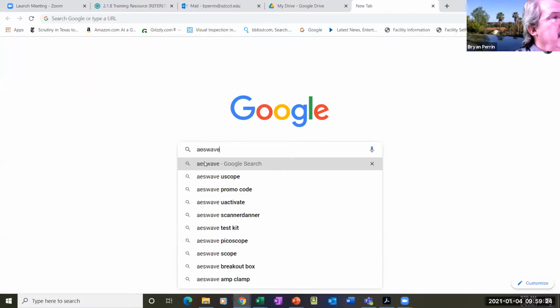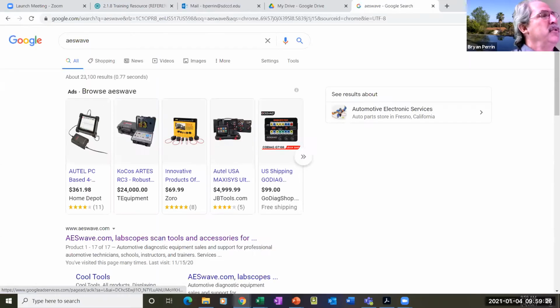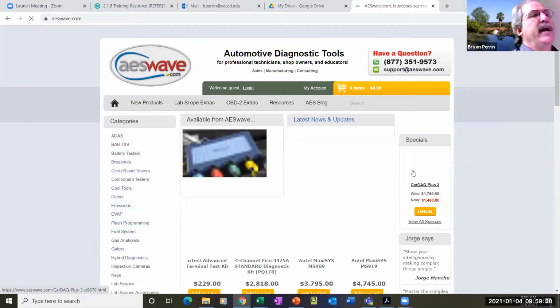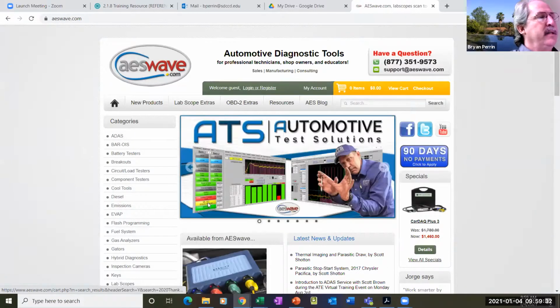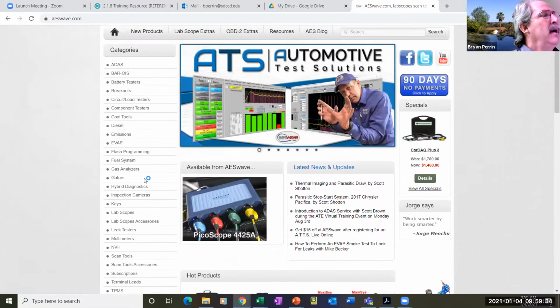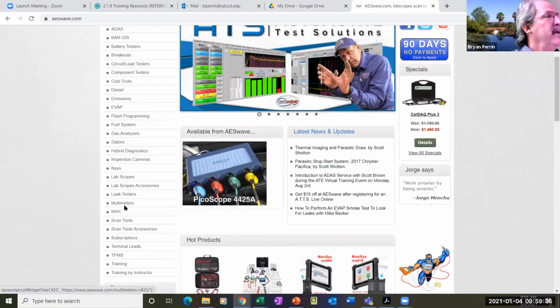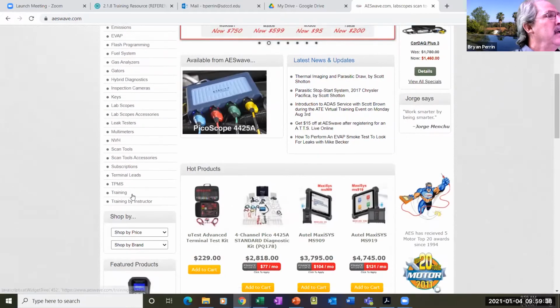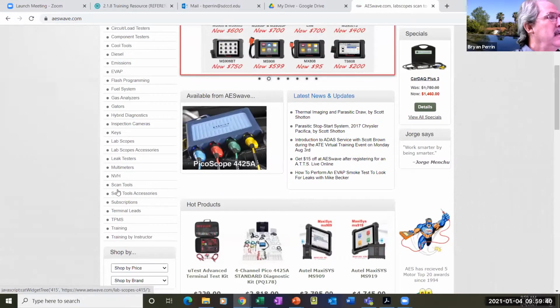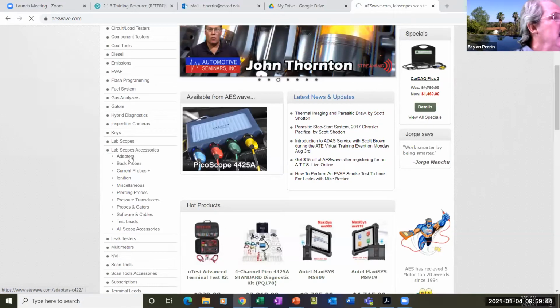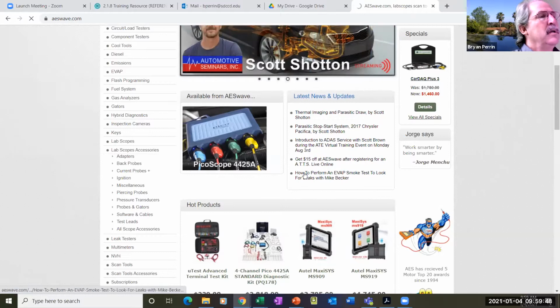Let me see. I should still be sharing my screen here. So I'm just going to go to AES Wave here, which is a website that carries a lot of stuff. Let's see, lab scope accessories and current probes. Let's see what I get here.